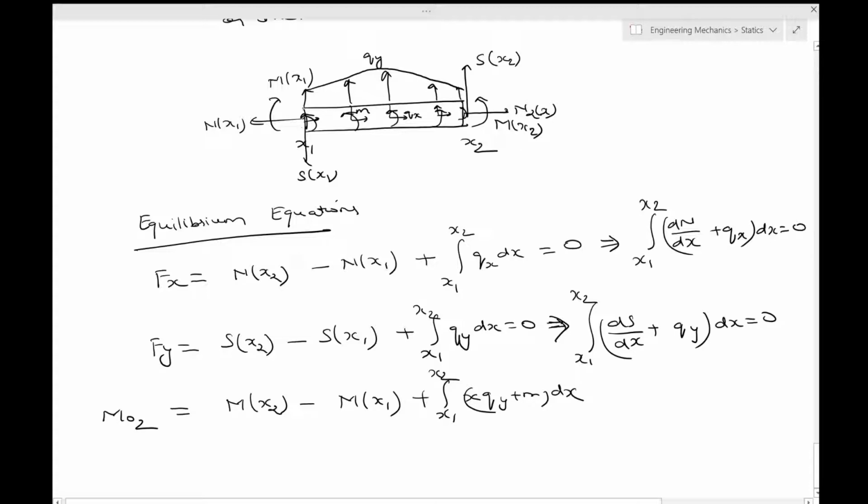There'll also be terms due to the shear forces. That would be x2 into S of x2 minus x1 into S of x1, and this would overall be equal to 0. So just think of this point as O, and from here you are measuring, say, a distance x, which is x equal to x1 on C and x equal to x2 on D.